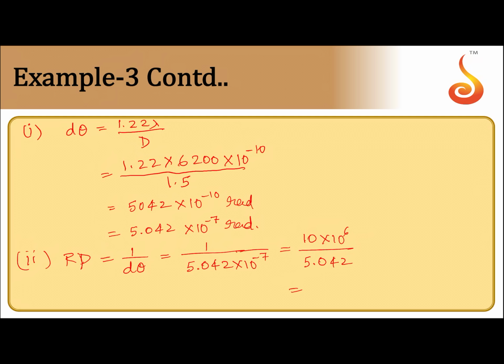So, we will get 10 divided by 5.042, which is equal to 1.98 into 10 to the power 6 per radian. This is resolving power of the telescope.